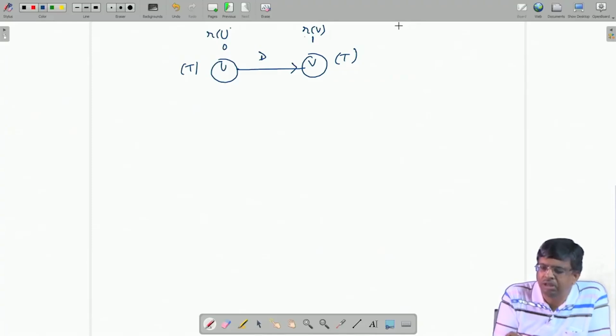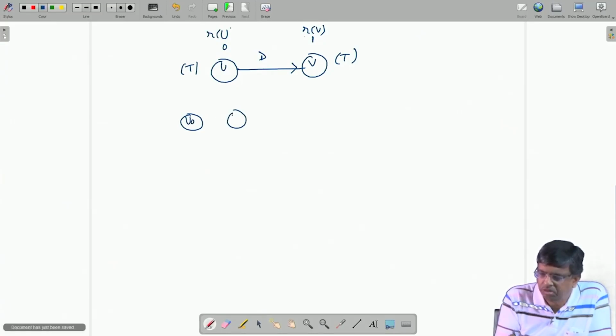Now, suppose I become greedy, I want to make the critical path still shorter, make the system faster. So I get inside the node and see the operations. Suppose I am able to break the node, as an example, only into two sub-nodes, one followed by the other, and suppose both take t by 2. Together they make u.